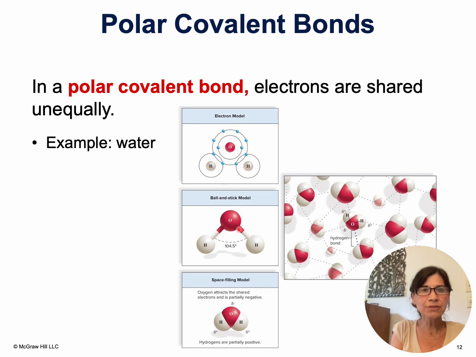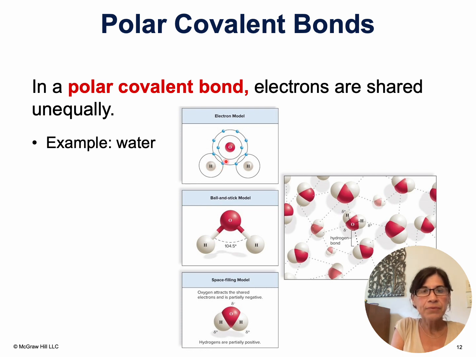The only difference with a polar covalent bond is that the oxygen atom, think of it as a hog for those electrons. It's like hogging them all. If you're thinking of tug of war, the oxygen's pulling more. And so the electrons that are being shared are not being shared equally.